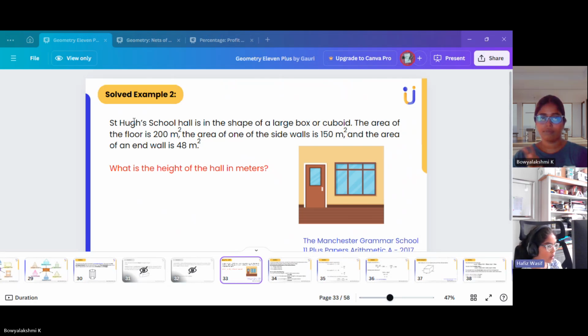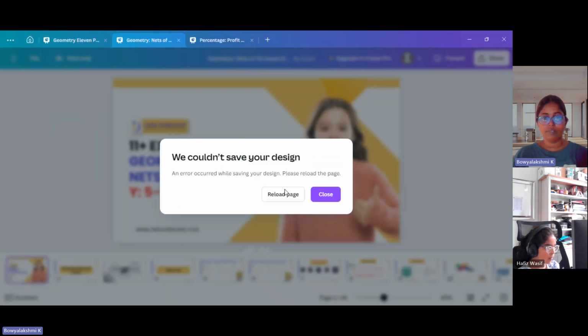What is the height of the hall in meters? Okay, let's start. There is a hall. The area of the floor is given, one wall is given, and the area of the end wall is also given. What is the height of the hall in meters? This is quite tricky. Let's get into the whiteboard.